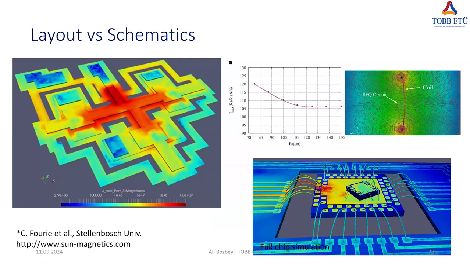And as we know, the fabrication processes are not perfect, so they have some tolerances. Critical currents can vary up to 3 or 4%. Inductances can vary maybe up to 5%, etc. So the RF circuit design should have enough margin to operate correctly after fabrication.